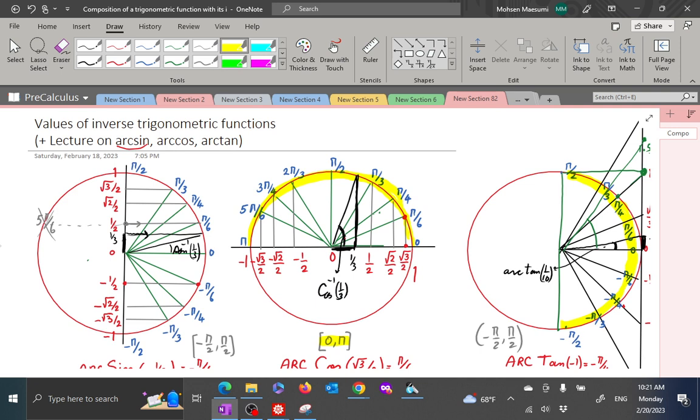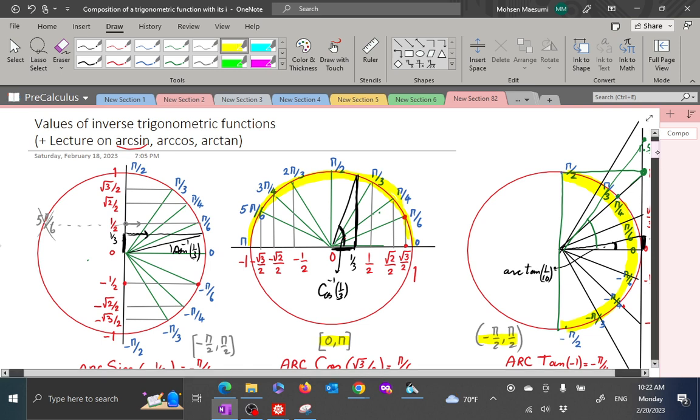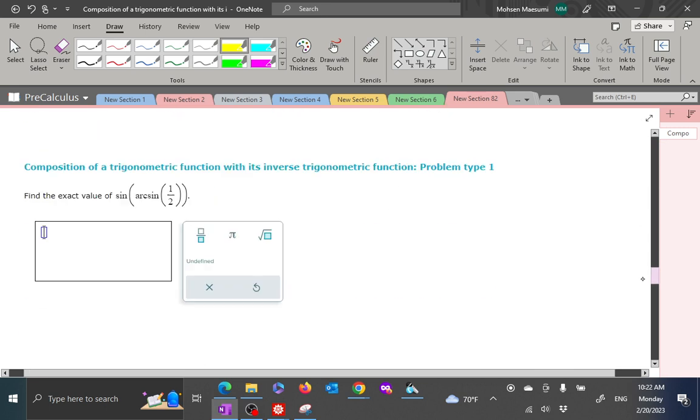Other things are not used by convention, and for good reason. We said we are going to stay in this range, from minus pi over 2 to pi over 2. So when we do an arctangent, we always find one of these yellow angles here that matches the number that we have in mind.